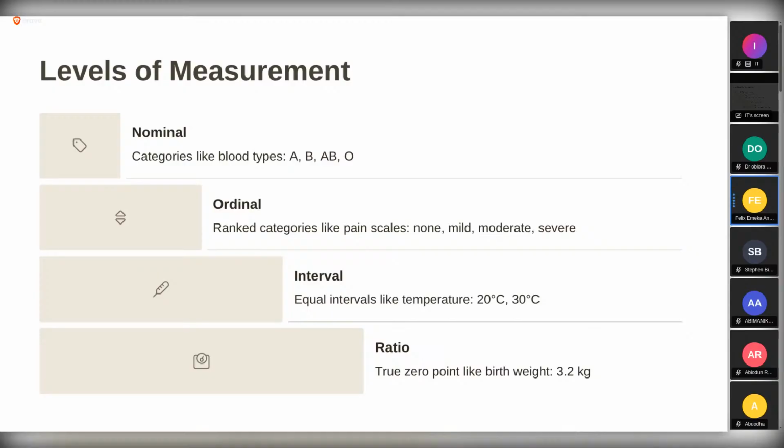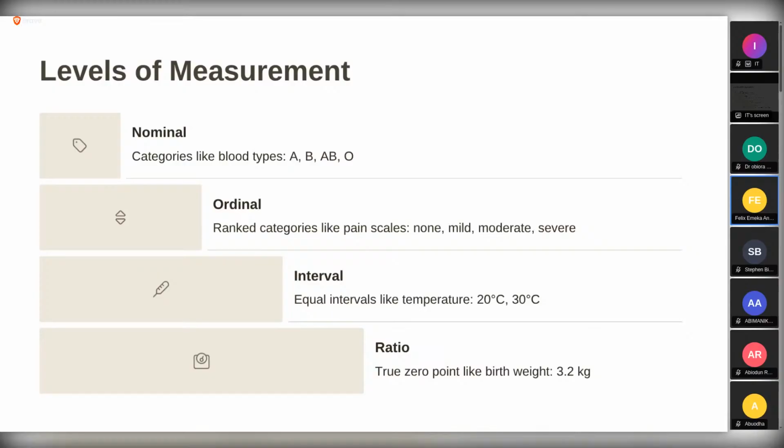The final one is the ratio, which has a true 0 point, which you don't have for interval. Like interval now, you have a 0 degree, and that 0 degree doesn't mean there's no temperature. There's something happening at 0 degree, and it increases to 1 degree or 2 degree or 3 degree.